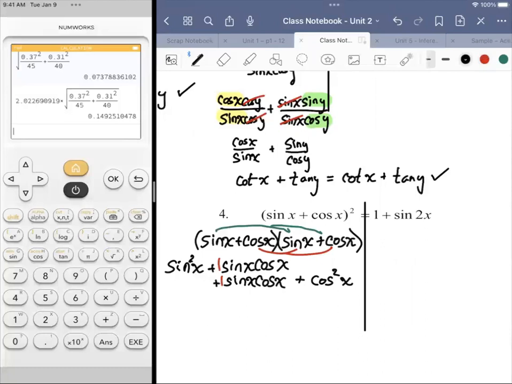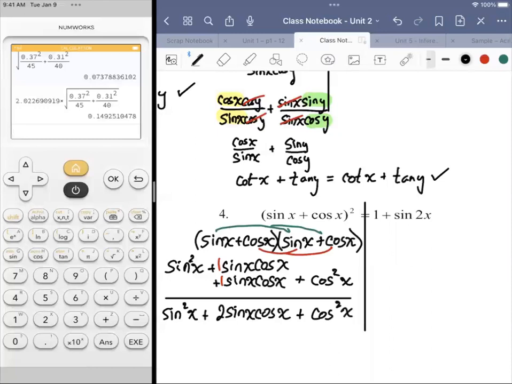So that gives me, if I add these 2 together, sine squared X plus 2 sine X cosine X plus cosine squared X. All right.